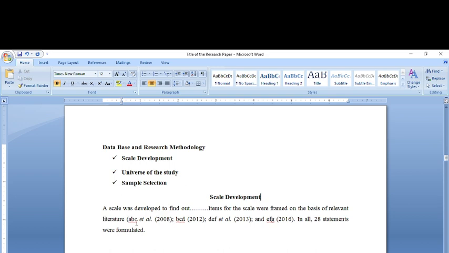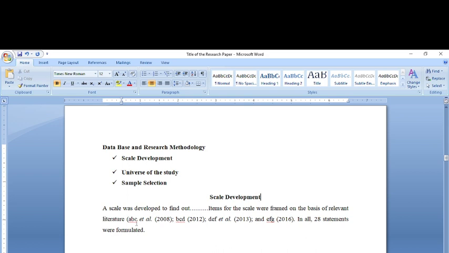So in this scale development, I shall jot down the papers on which my items are based, and I would gather items from various studies and then compile them to develop my scale. The testing or validation of the scale would be done, but at this stage, to develop the scale, I would jot down the studies from which I have picked up the items.